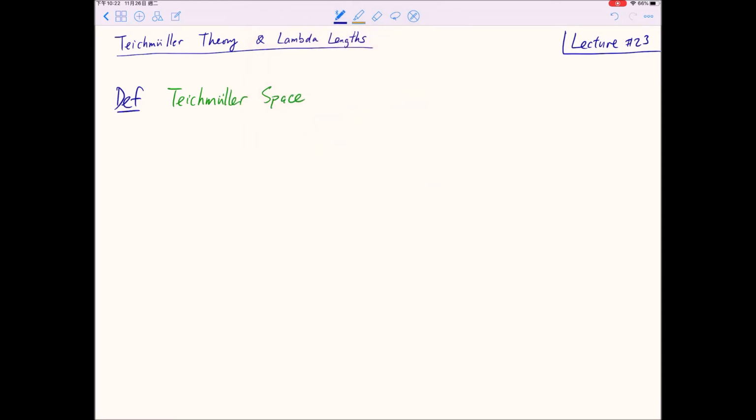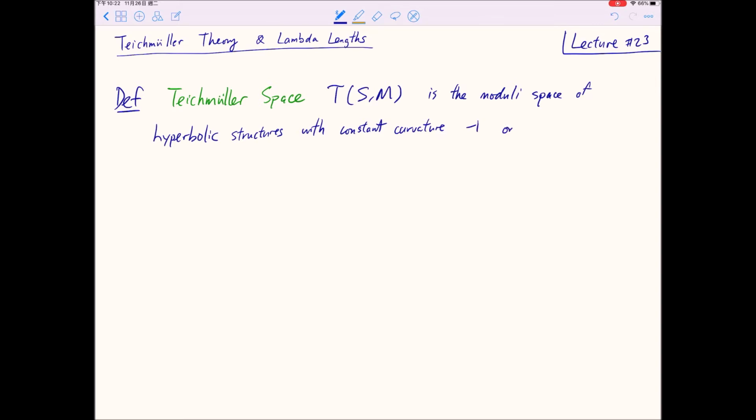The Teichmüller space of a bordered surface, which I'll write as T of S, is the moduli space, which I'll explain, of hyperbolic structures with constant curvature -1 on the surface removing the marked points.